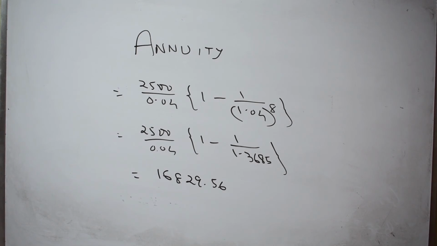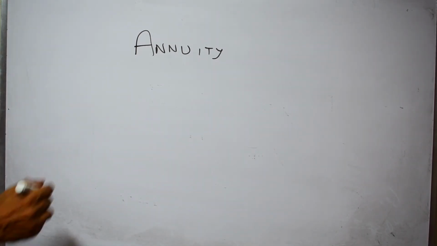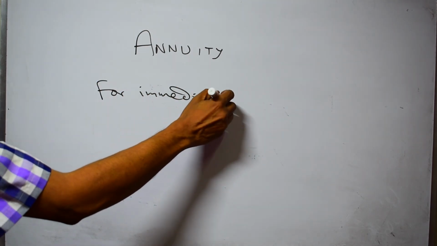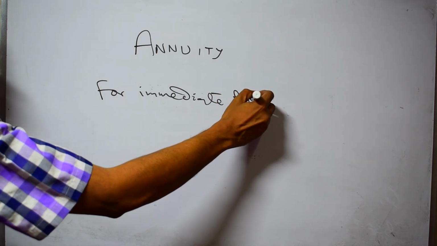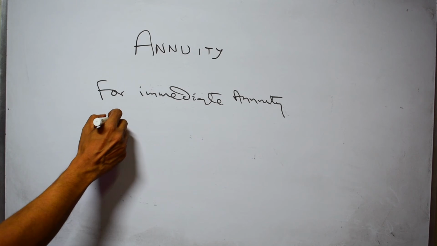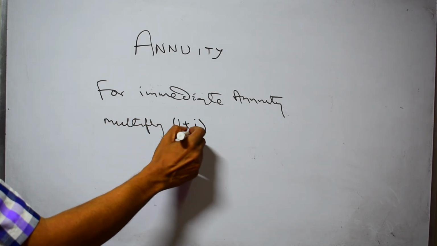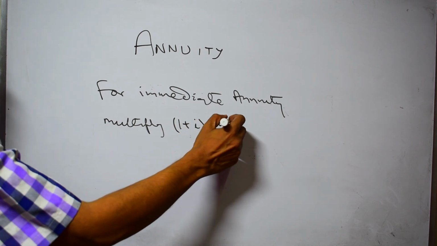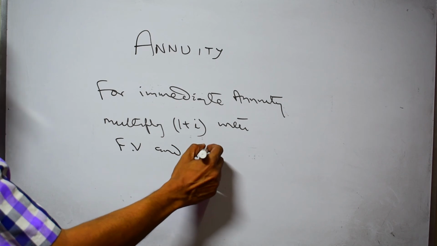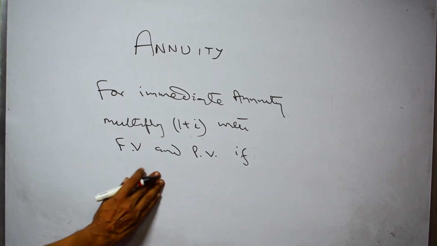For immediate annuity, one thing we can note is that all these formulas are adjusted: if the question is immediate annuity, we multiply by 1 plus I in both cases, future value and present value.